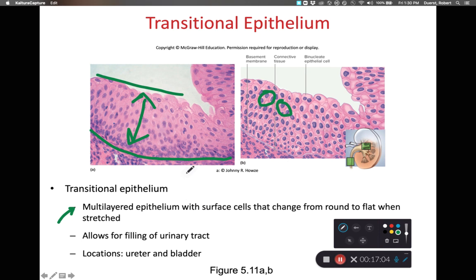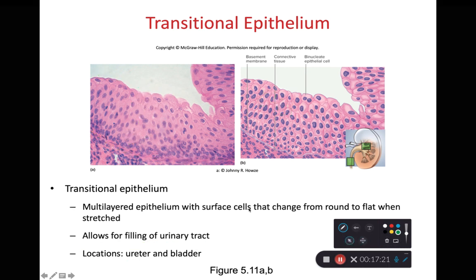And also something else that occurs as the tissue stretches out is that it looks like there is a reduction in the number of layers of cells. So this allows for us to fill the urinary bladder and also to have our ureter stretch out mildly as well.